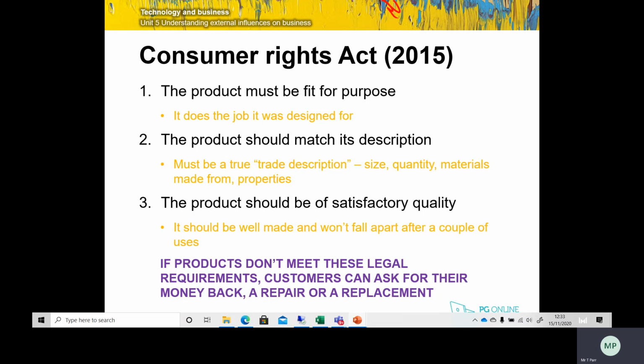All right, and finally, the one which we probably come across quite a lot is the product should be of satisfactory quality. Now, interestingly, it doesn't say it's got to be of good or exceptional quality. It must be satisfactory. Depending on the product and the branding and what you'd expect, there's going to be different levels of quality.